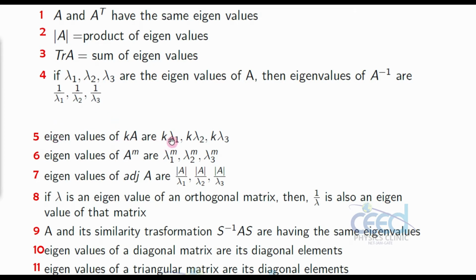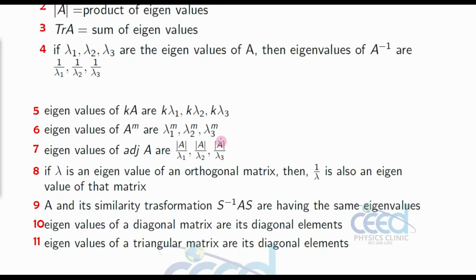You just multiply the eigenvalues of A by this constant, that is k lambda 1, k lambda 2, k lambda 3. And the eigenvalues of A raised to m are the powers of the eigenvalues of A: lambda 1 raised to m, lambda 2 raised to m, lambda 3 raised to m.